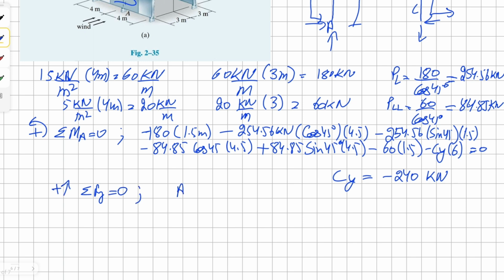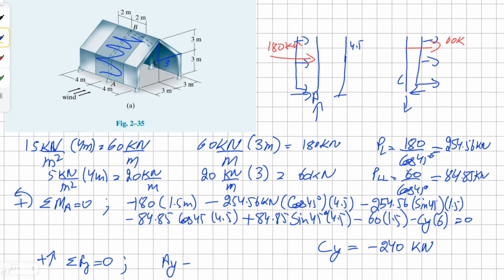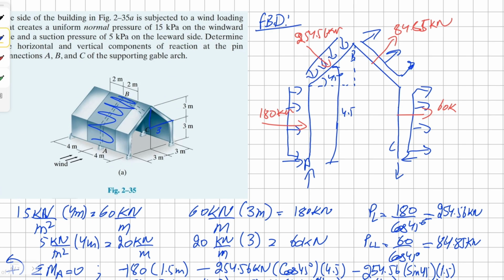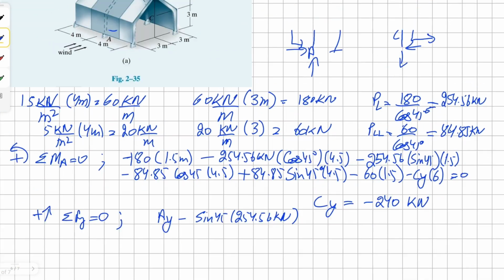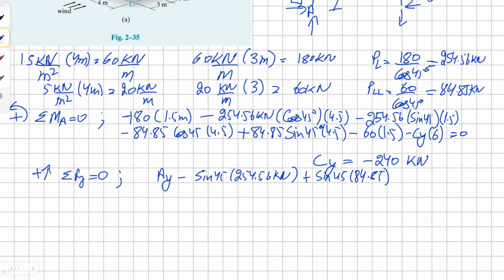So we can have positive AY, then we have negative sine 45 times 254.56 kilonewton, and then we can have positive sine 45 times 84.85, and then we can have negative, and then we have another negative from 240 kilonewton equals 0.